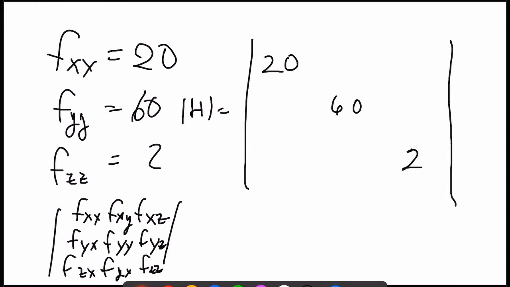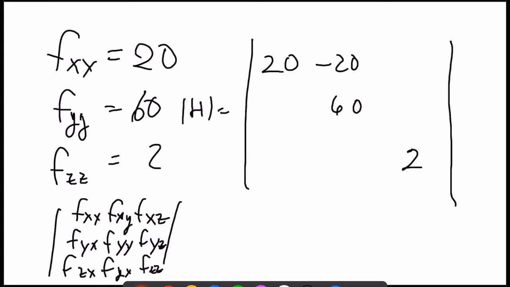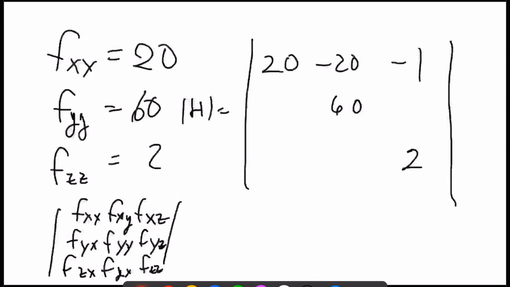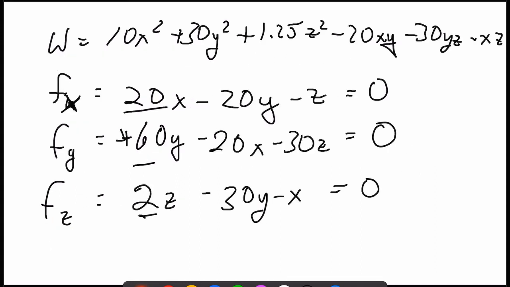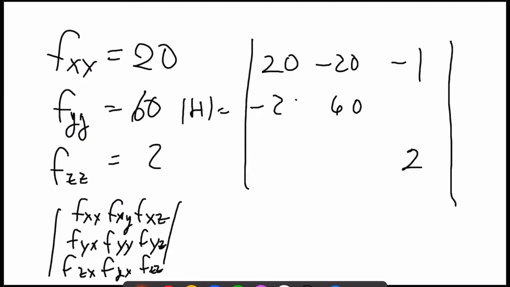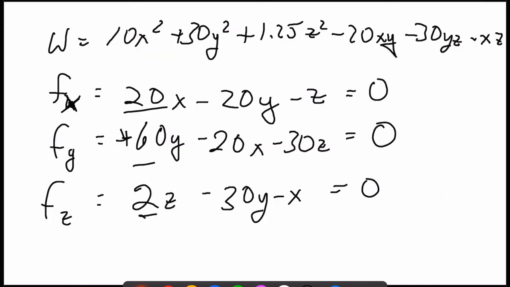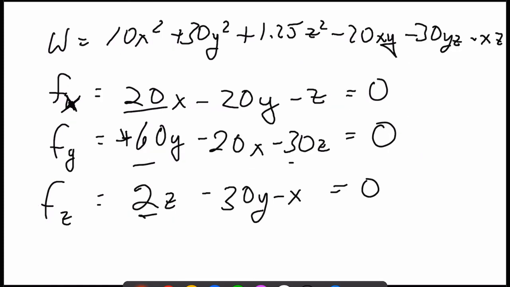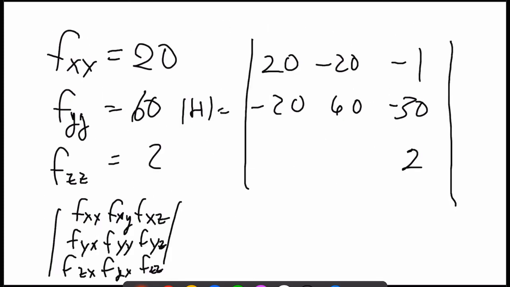Yes? fxy is minus 20. fxz is minus 1. fyx is minus 20. What a shock there. This should be symmetric, right? This matrix should be symmetric. fyz is minus 30. fzy is minus 30.